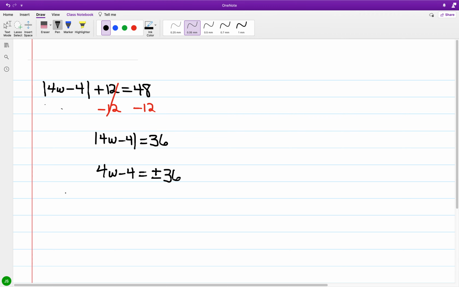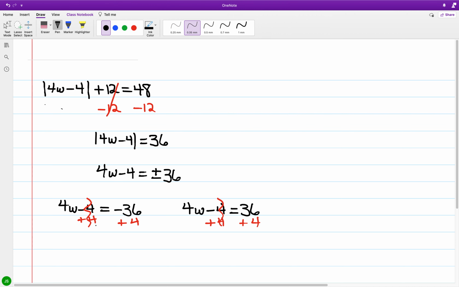So for w, I'm going to set up two equations: one where 4w minus 4 is equal to negative 36, the other where 4w minus 4 is equal to 36, and in both cases we add 4 to both sides.